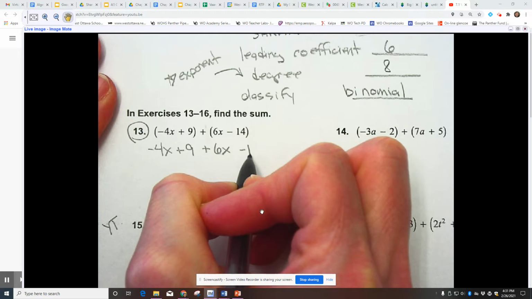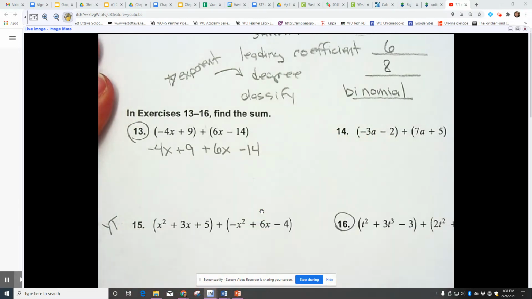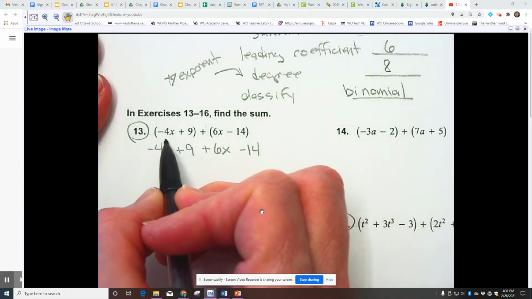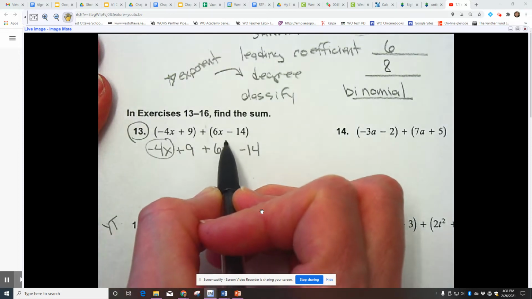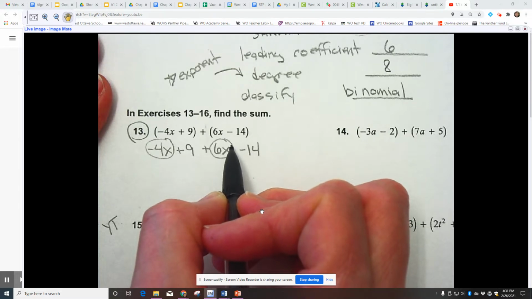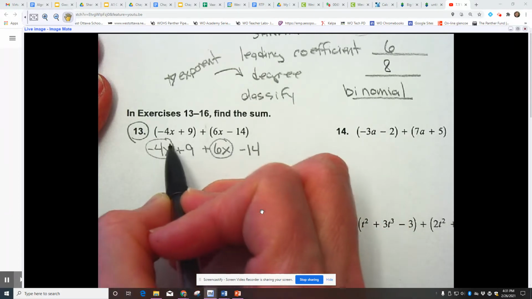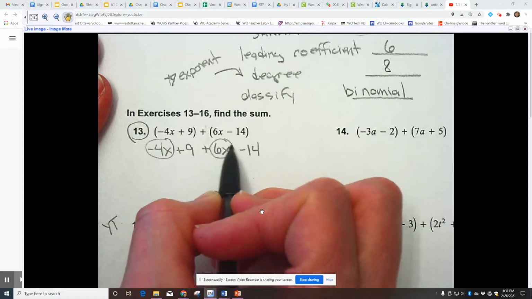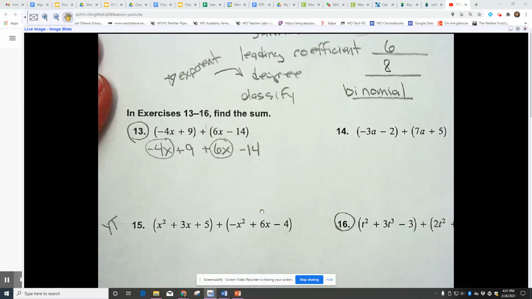You can do this for addition. Now, what we want to do is combine like terms. So like terms, remember, are the same variable, so x and x, raised to the same power, or exponent. So both of these x's have a power of 1, so those are like terms, we can combine them.